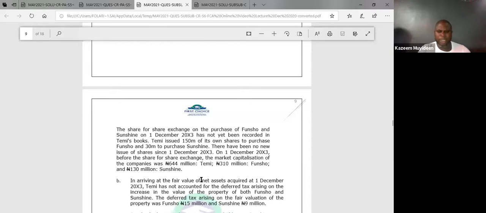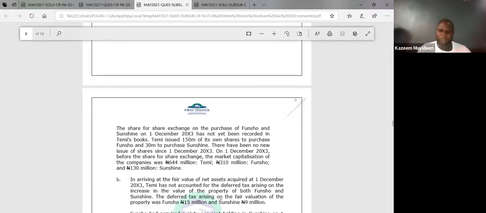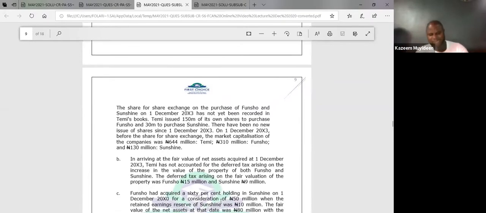So he has given me a deferred tax. Let me recap on deferred tax. When there is an increase, it means it must have been greater than the tax base. It will create a temporary difference. Don't forget, when the carrying amount of an item in the financial statement is greater than the tax base, it will give us a deferred tax liability.